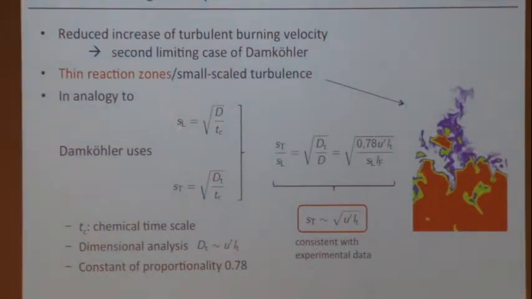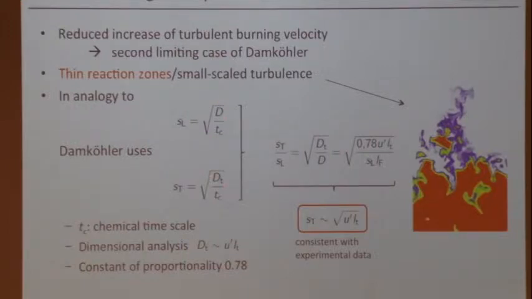He said, okay, now if the transport is really a turbulent transport, then I should replace D by Dt. And the chemical timescale, he said, shouldn't be changed, maybe. So the chemical timescale stays the same. For the turbulent burning velocity, I just take the same scaling relation, but I replace the diffusivity by a turbulent diffusivity.